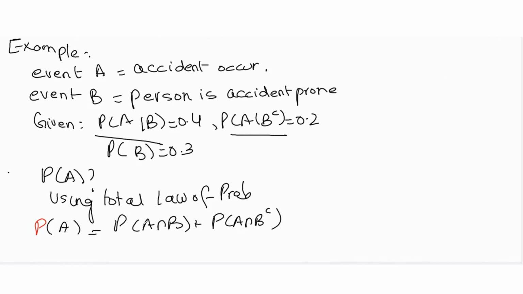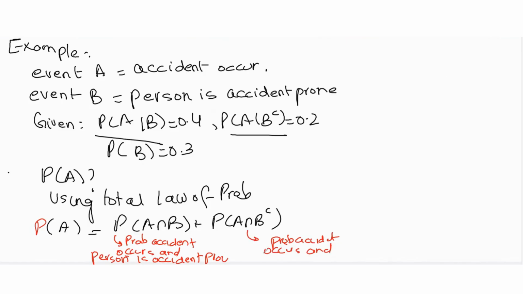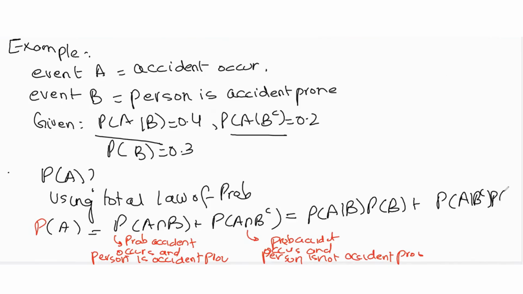This is the probability an accident occurs and the person is accident prone, plus the probability an accident occurs and the person is not accident prone. We can write this as probability of A given B times probability of B, plus probability of A given B complement times probability of B complement.